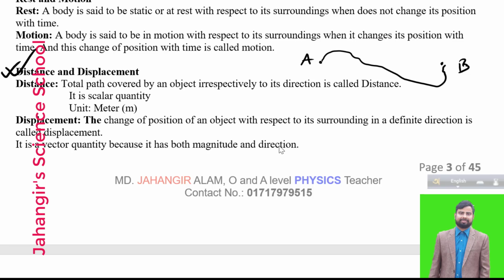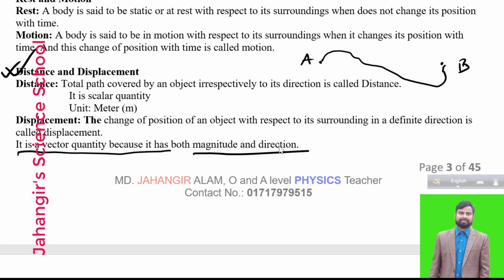On the other hand, displacement is the total path covered by an object in a particular, specific direction, and it is a vector quantity. Displacement is a vector quantity because it has both magnitude and direction.